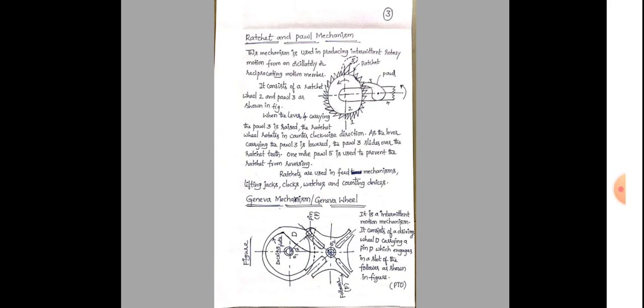These are the 4 points which you must write with respect to the figure, because whether you take your IA examination or an end examination, the questions framed on the mechanisms will always be a sketch and explain type.